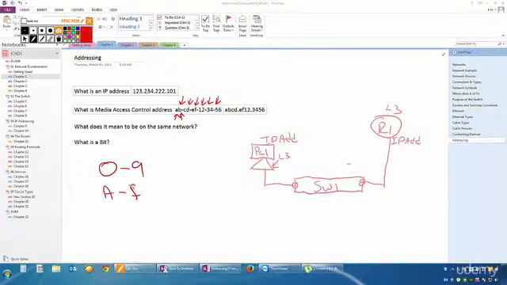Now, what is this A through F? This is what we call hexadecimal. Hexadecimal is a way of writing this in a way where we can use numbers and letters.